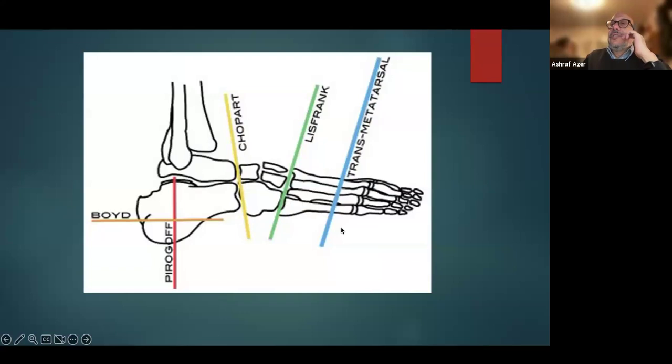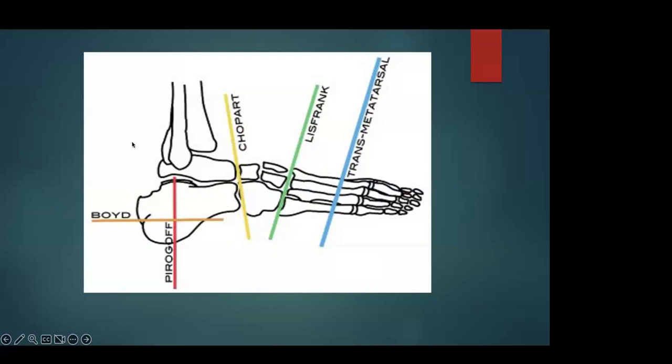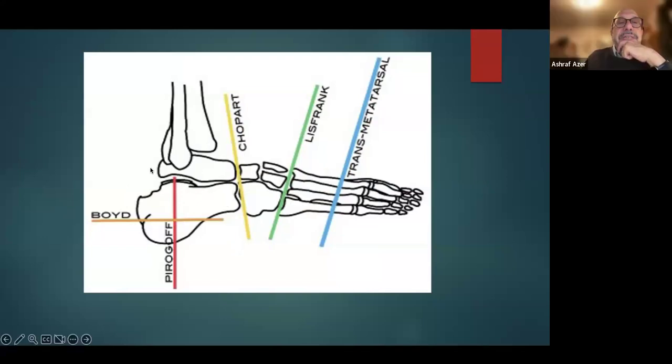This examiner is pulling your leg. If you remove the calcaneum, by definition you remove the Achilles tendon. Right. So what will happen to the Achilles tendon?